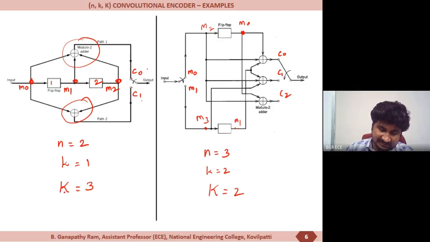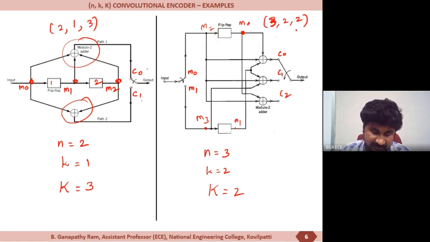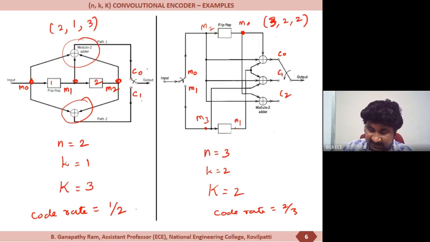And here this convolutional encoder is called a 2, 1, 3 convolutional encoder, whereas in this figure the convolutional encoder is a 3, 2, 2 convolutional encoder, and the code rate of this convolutional encoder is 1/2, and here the code rate is 2/3.